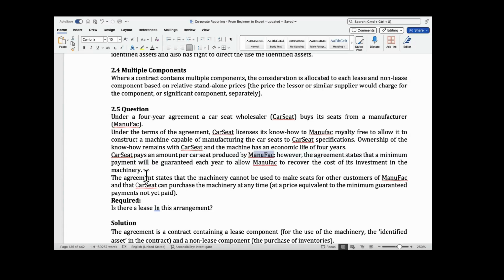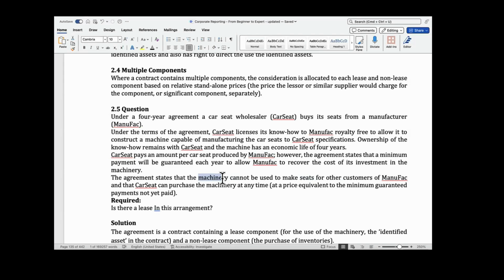They also said that this agreement states that the machinery cannot be used to make seats for other customers of the manufacturer, and that Car Seat can purchase the machinery at any time. So the machinery was manufactured by the manufacturer using his own money, even though it was Car Seat that taught him how to produce that machine.